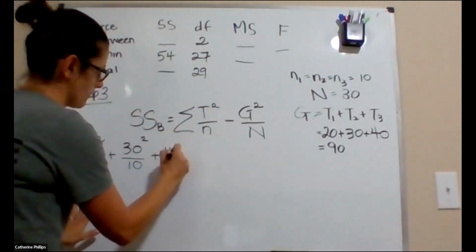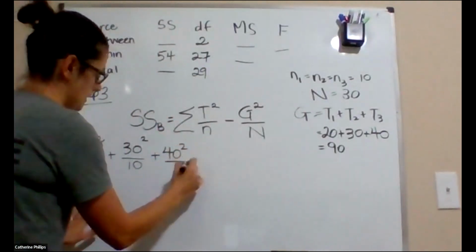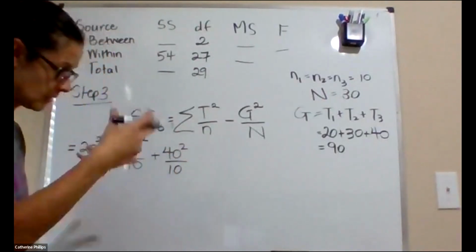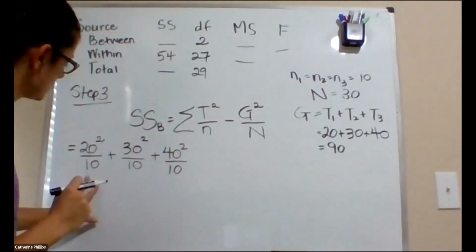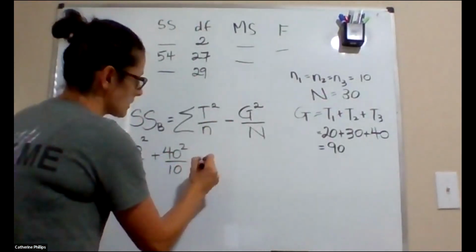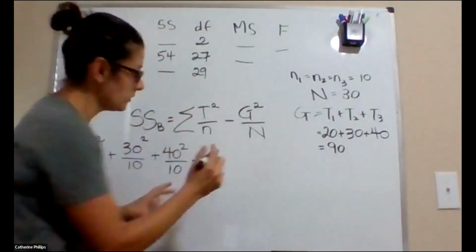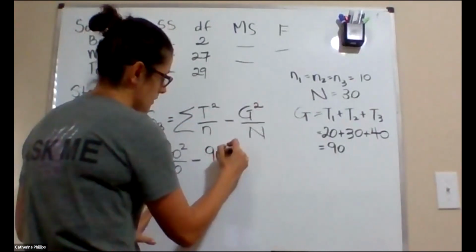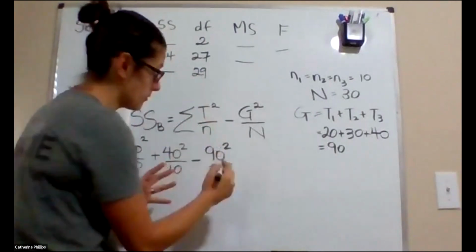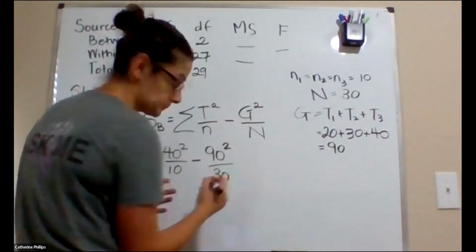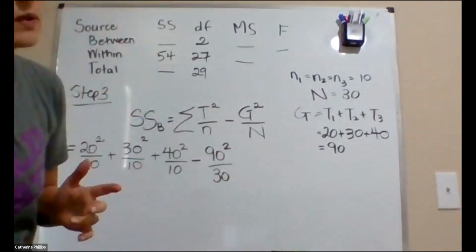T3 is 40, divided by the number of participants in that group. So these are added together. That's what this summation symbol says. And then we subtract, big G is the grand total, 90 squared divided by the total number of participants, which was 30.